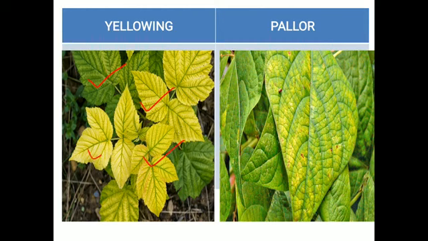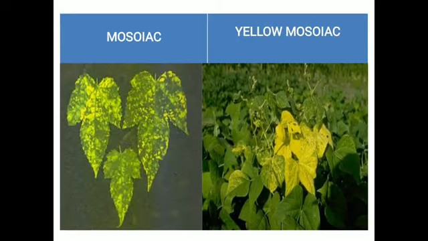as shown in the diagram. Next one, the pallor. Pallor means what? There is a partial destruction of chlorophyll in the form of streaks. That means small yellowish streaks are observed due to the loss of chlorophyll. So this is called pallor. Next one is mosaic.